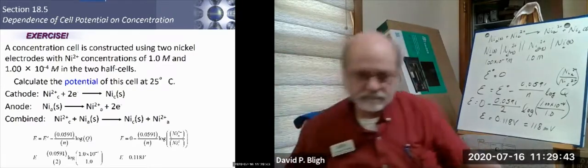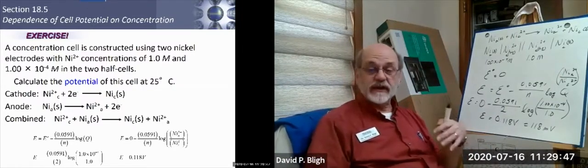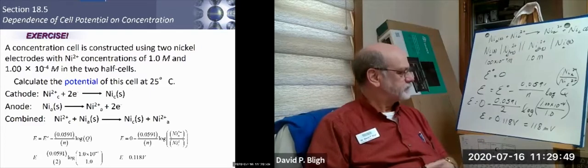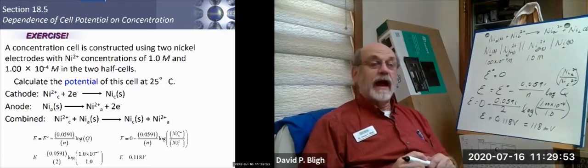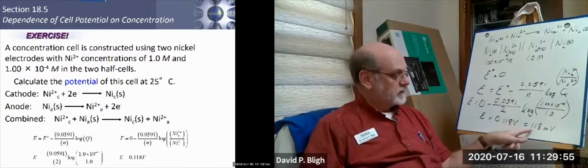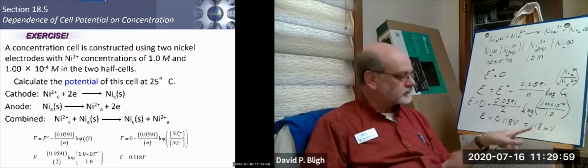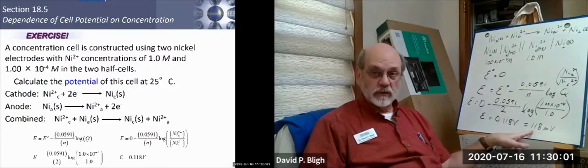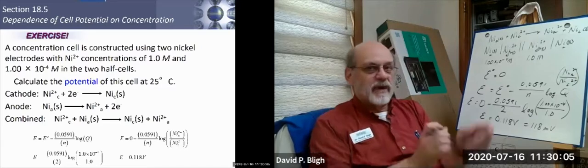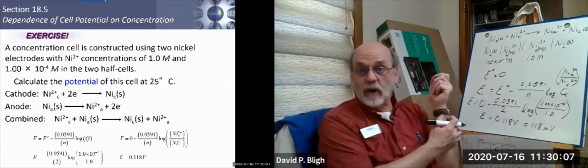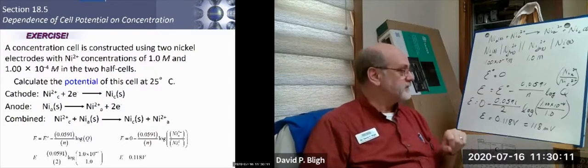Now, if you actually built this concentration cell in the lab, what voltage would you get? I would expect that to be the maximum, and the actual voltage would be less. But under what conditions could it be more? Well, I can think of one possibility.